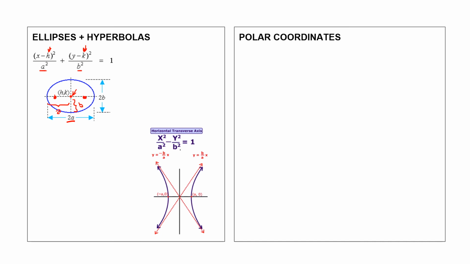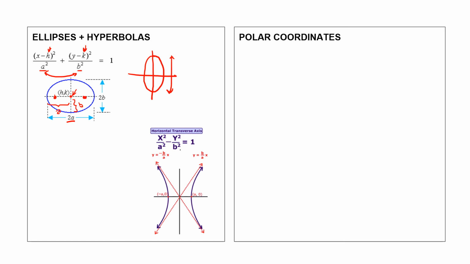I'd like to note that if this ellipse were oriented vertically, our a and b values would be switched because the major axis is parallel to the y-axis.